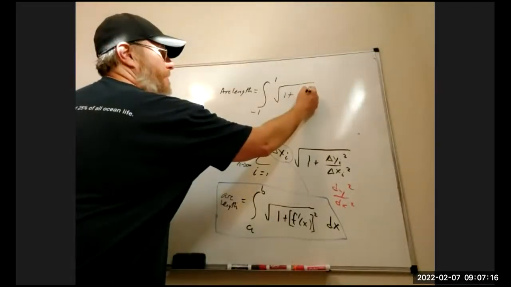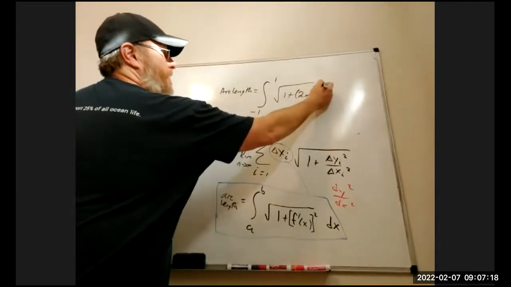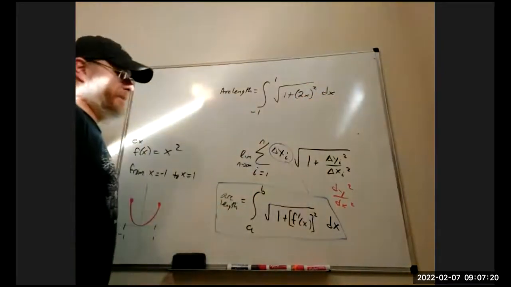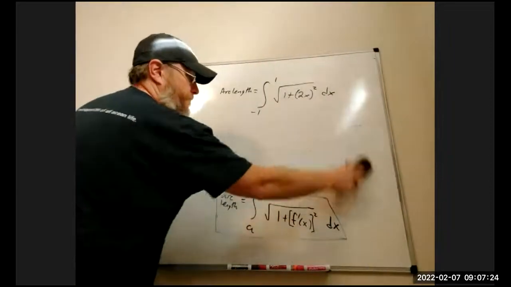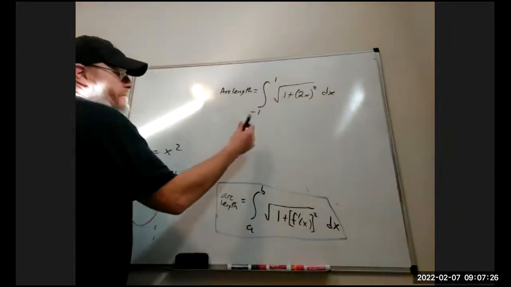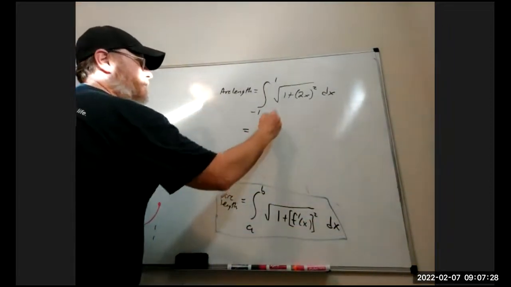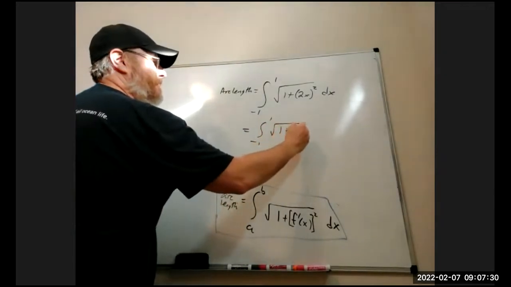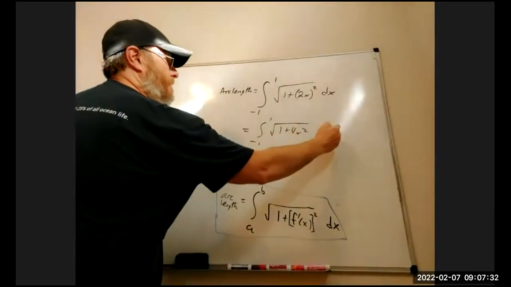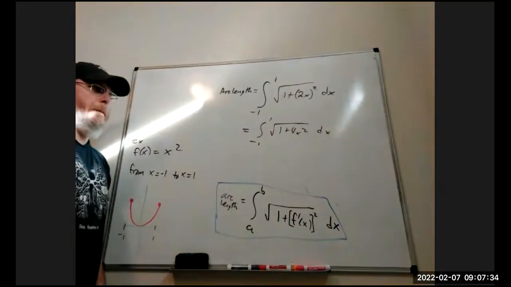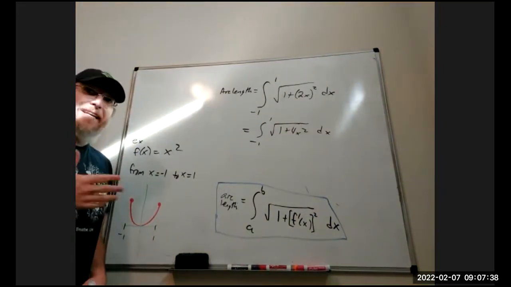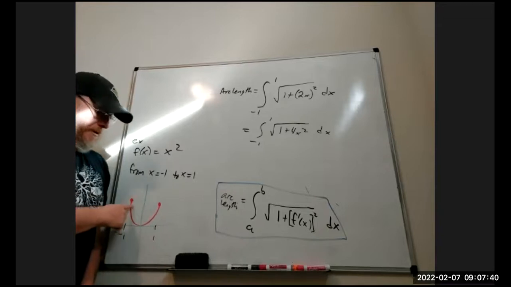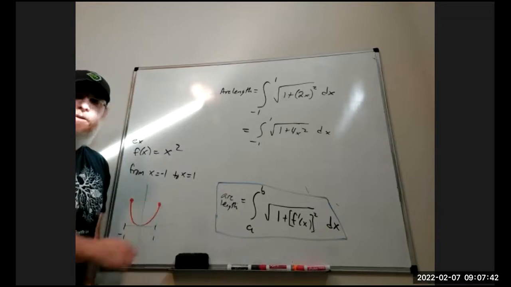All right, so we're going to have 1 plus 2x, that quantity squared, dx. So -1 to 1, square root of 1 plus 4x squared, dx. And there it is. You do that integral, and you're going to be able to figure out the length of that curve.